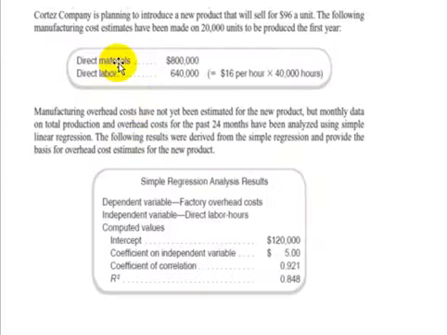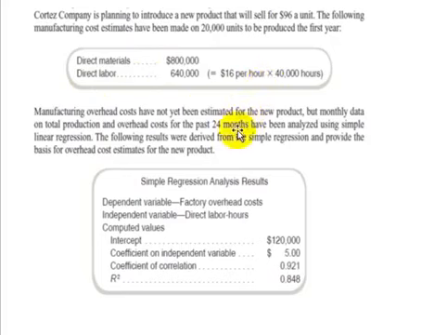We have direct material, which is a variable cost, and direct labor, a variable cost. Direct labor is 16 per hour.